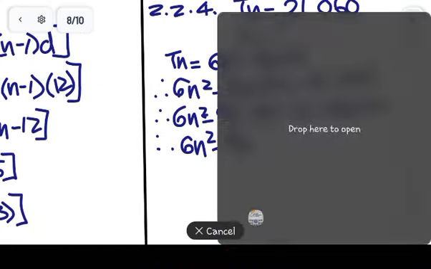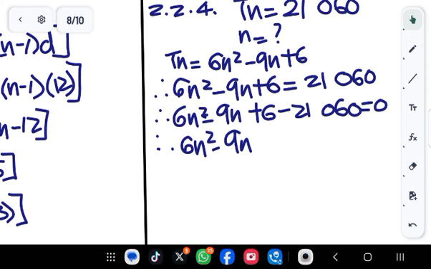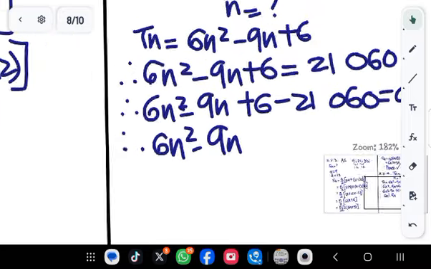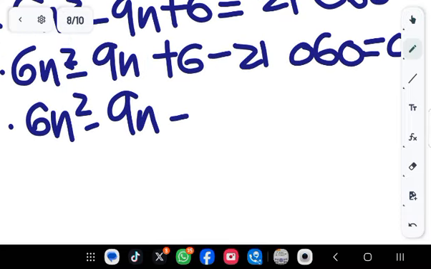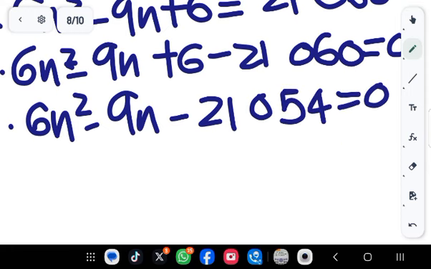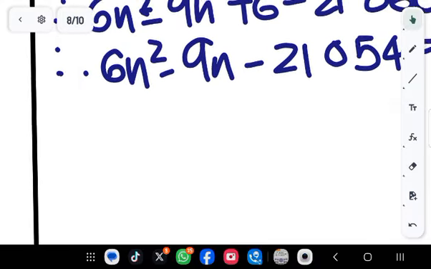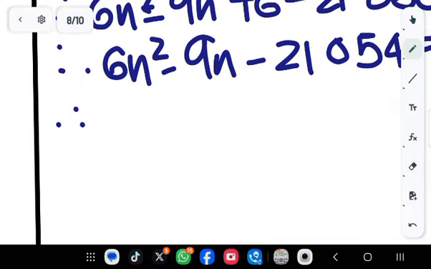Take out a calculator. 6 minus 21,060 equals negative 21,054. So 6n² - 9n - 21,054 = 0. Now to make life easy, use the quadratic formula to figure out what n is.